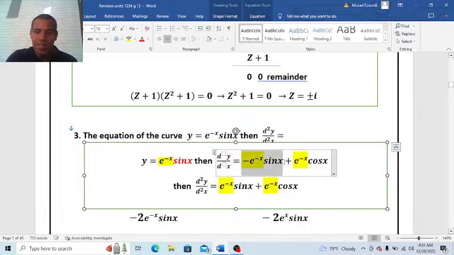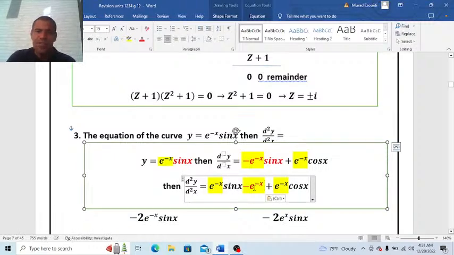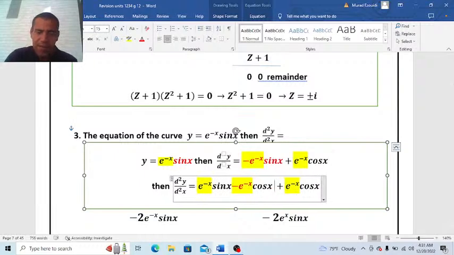Then I will differentiate the sine. Therefore, minus exponential of minus x, multiplied by the derivative of sine, which is cosine of x. I finished the first one.